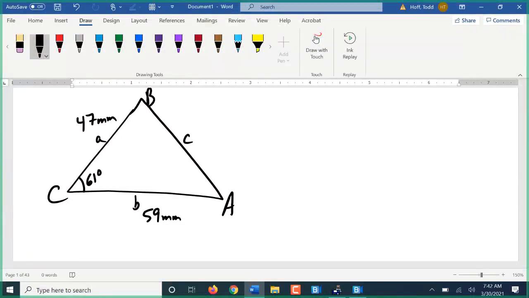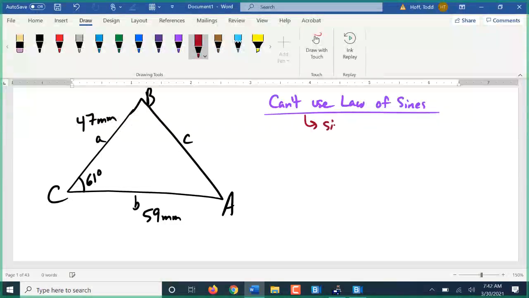We cannot do law of sines here because there is no combination of side and opposite angle, or angle and opposite side, if you want to look at it that way. There is no combination where we have that. So we're going to use the law of cosines.